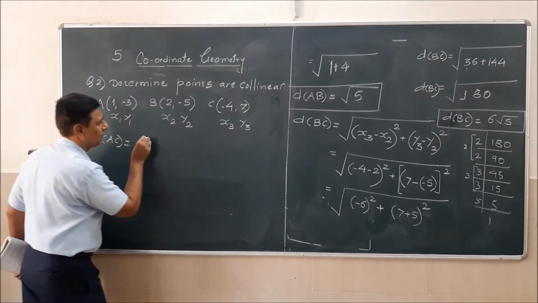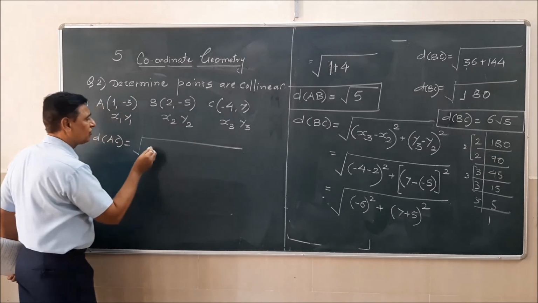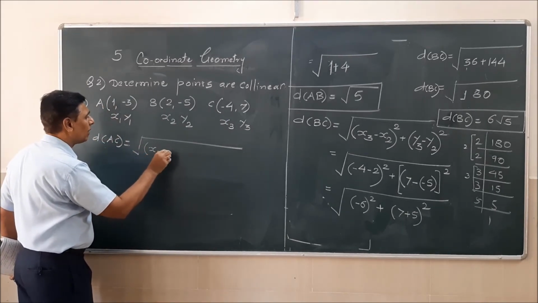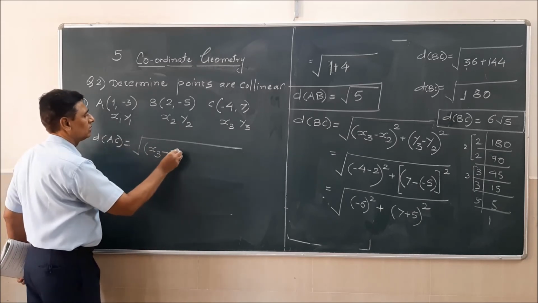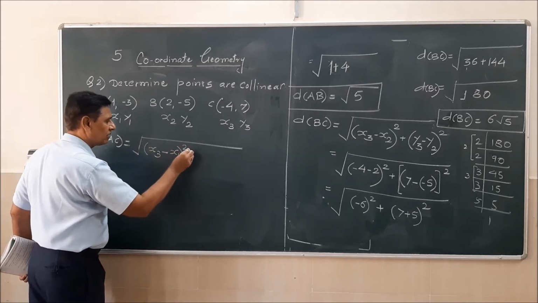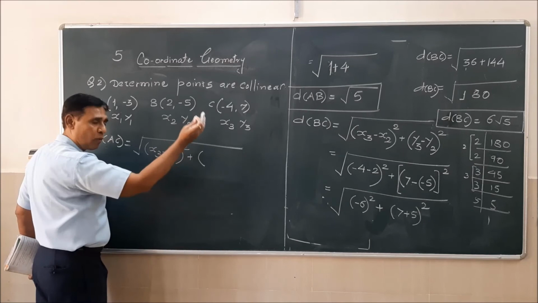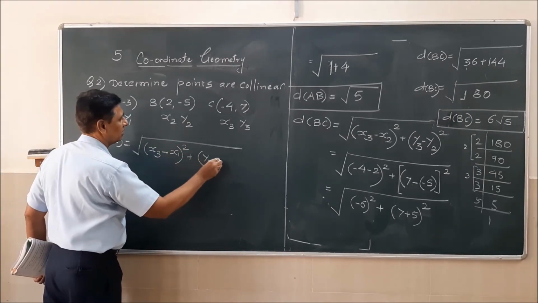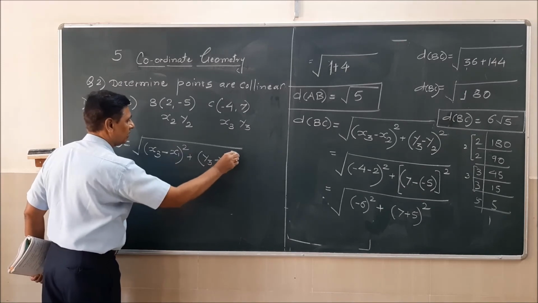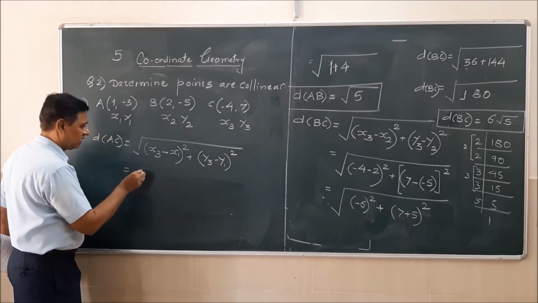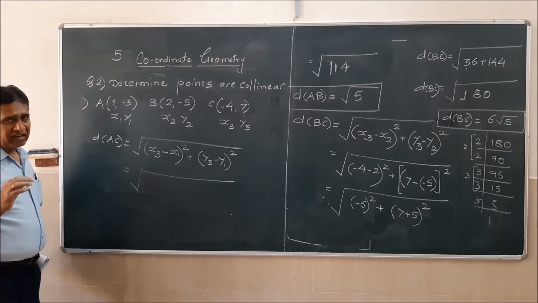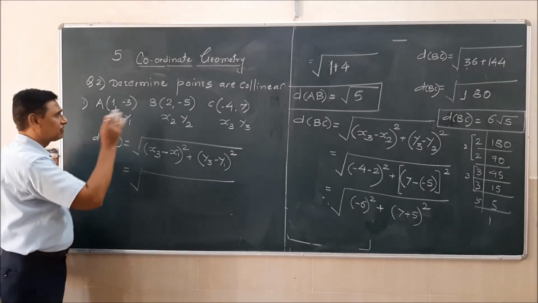The formula is x3 minus x1, the whole square, plus y3 minus y1, the whole square. Now the value of x3 is minus 4.